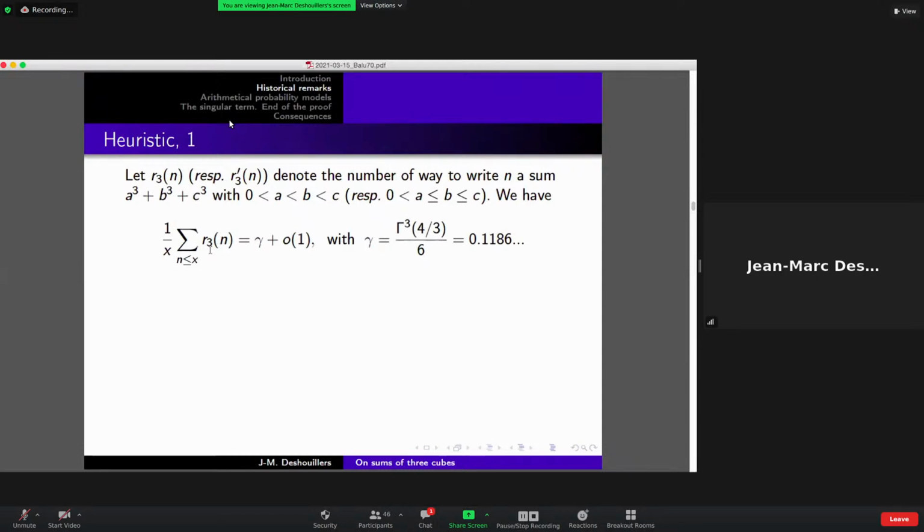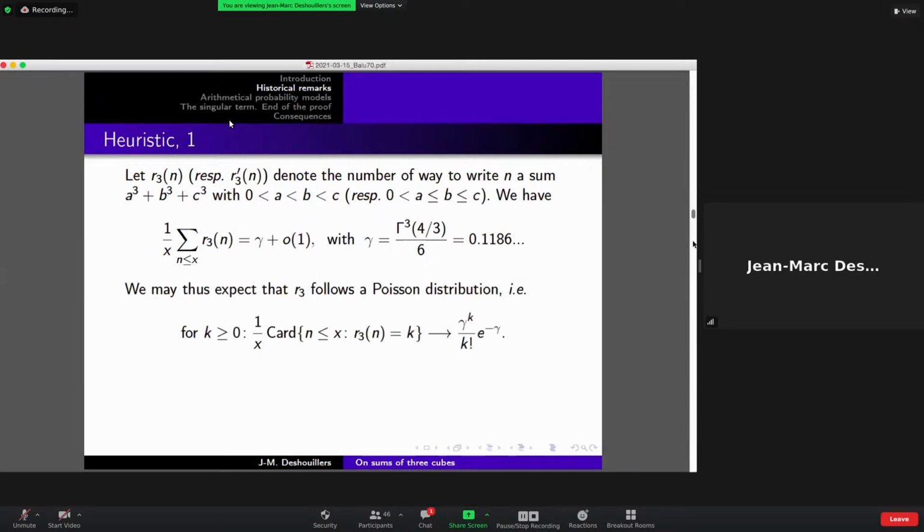So this works for R3 and also for R prime 3, it is the same thing. There is a certain coefficient gamma, because you cannot have all the cubes large at the same time, and it doesn't permit you to represent a large number. So you have something which will be a bit less than 1/6, which is 0.1186. We'll see the importance of this number later on.